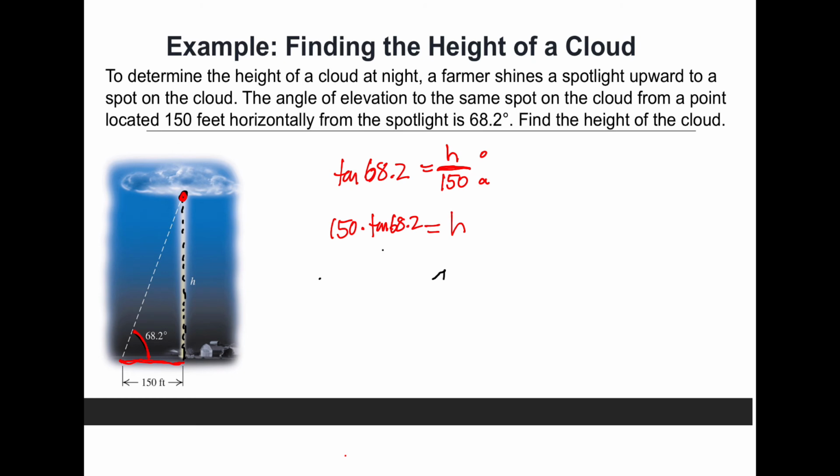But 150 times the tangent of 68.2 gives me 375. Well, if we rounded it to one decimal place, 375.0, because there is a 0 there. And this would be in feet. So we would estimate that the cloud is about 375 feet off the ground.